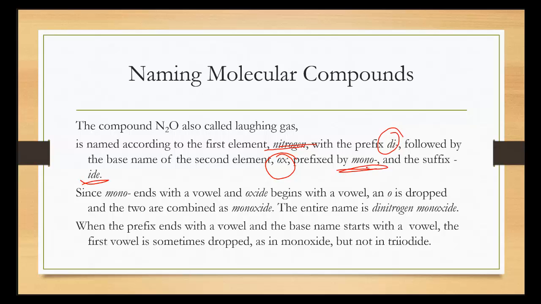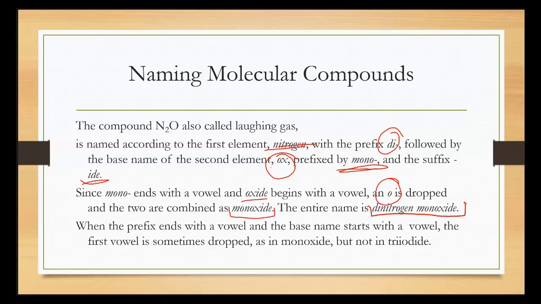So monoxide. Since mono ends in a vowel and oxide begins with a vowel, an O is dropped and the two combine to be monoxide. The entire name is dinitrogen monoxide.